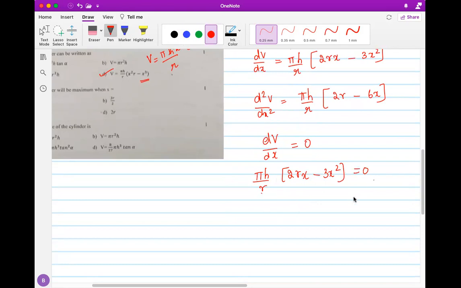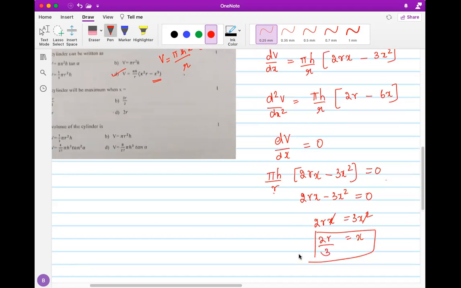So pi h by r is not 0. Now 2rx minus 3x squared equal to 0. Now 2rx is equal to 3x squared. So where one x term also gets cancelled. Therefore x is equal to 2r divided by 3.